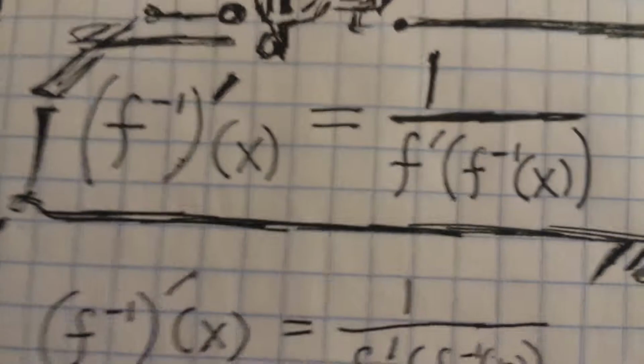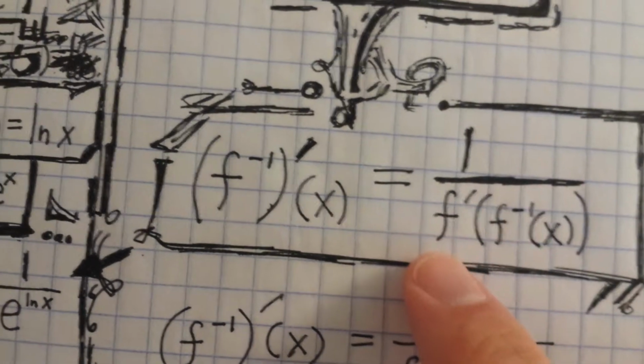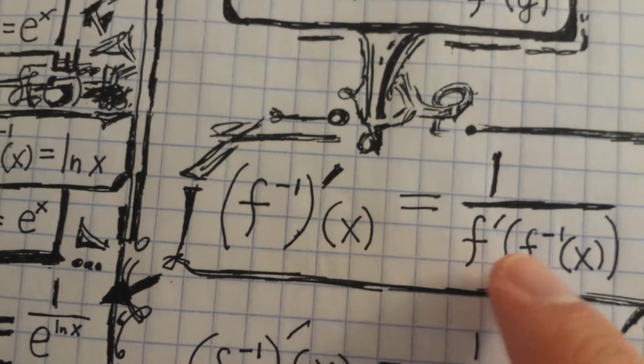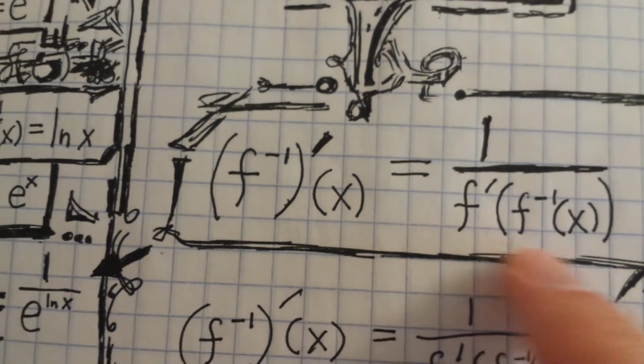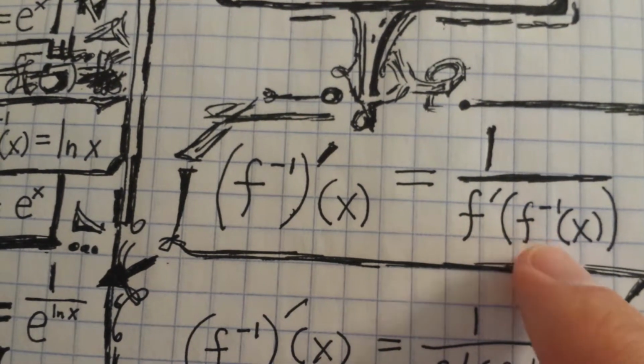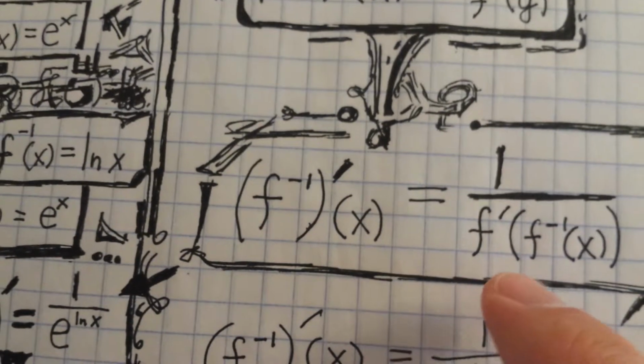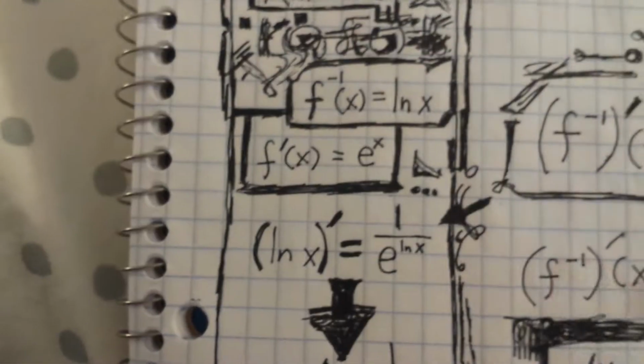Okay, so the derivative of e to the x is e to the x, and if we plug the inverse function ln of x into that function, we get this.